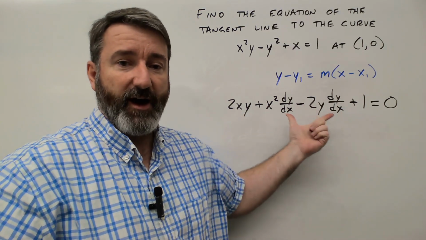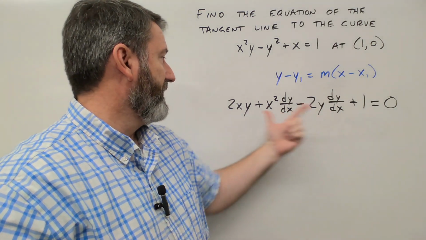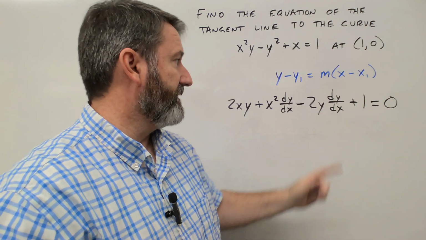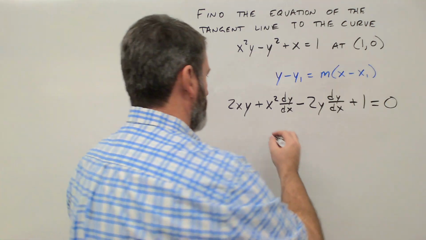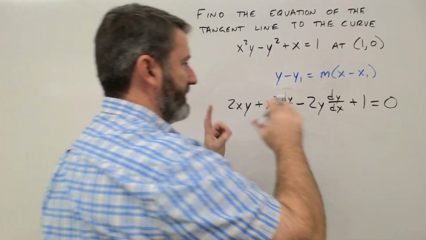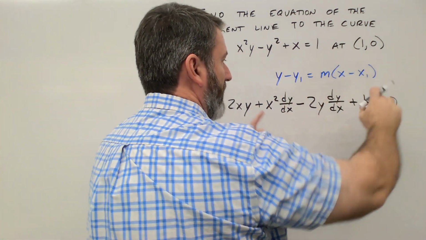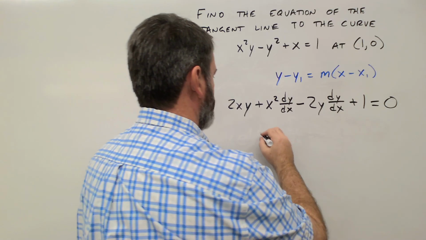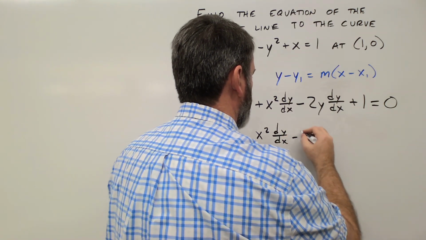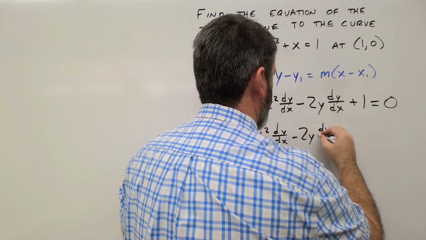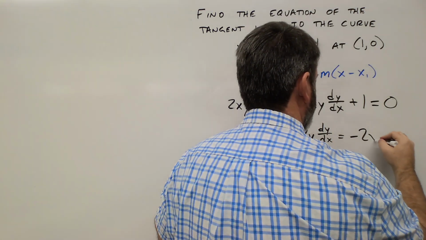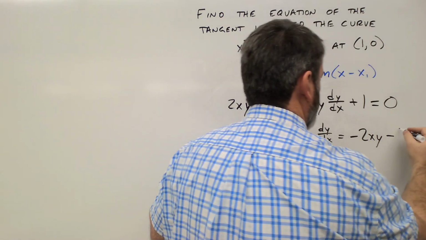All right, now let's find dy over dx by moving these terms that don't have a dy over dx in them to the other side of the equation. So we'll subtract 2xy and 1 from both sides of the equation, and we'll get x squared times dy over dx minus 2y times dy over dx is equal to negative 2xy minus 1.